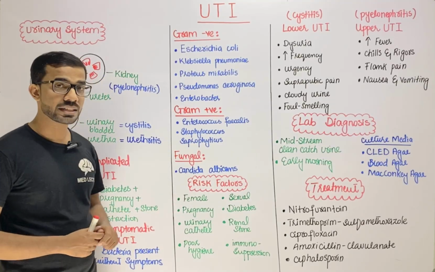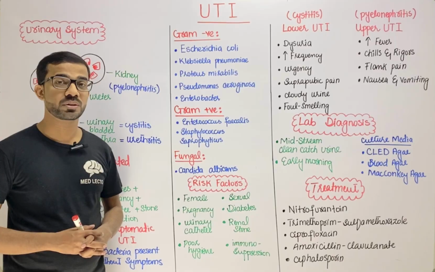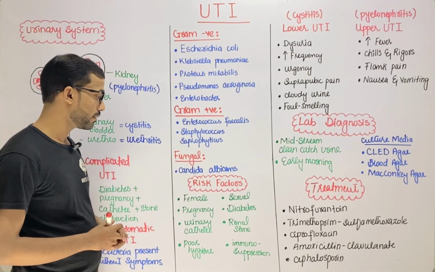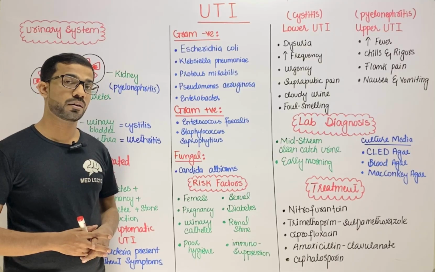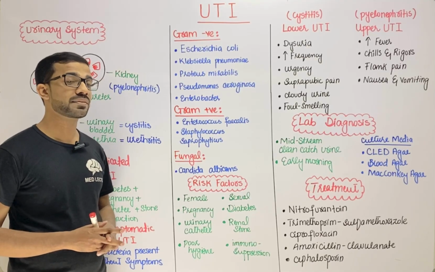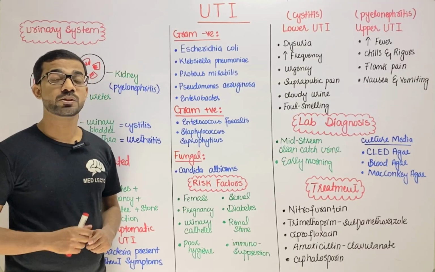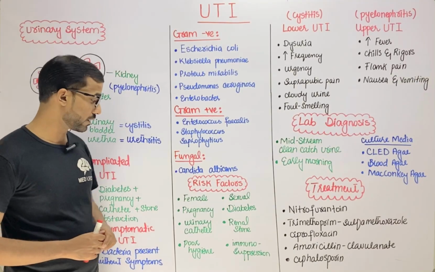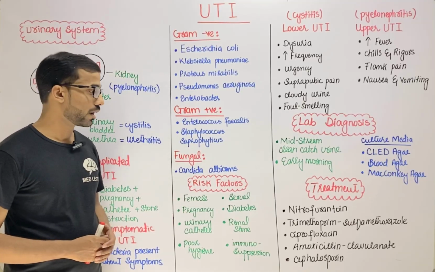Next is pregnancy. You will see it in case of immunocompromised states. So in pregnancy, UTI is also increased. Urinary catheterized patients, you will also see, because in that case bacteria get a chance to enter into the urinary tract. Poor hygiene is another important risk factor.